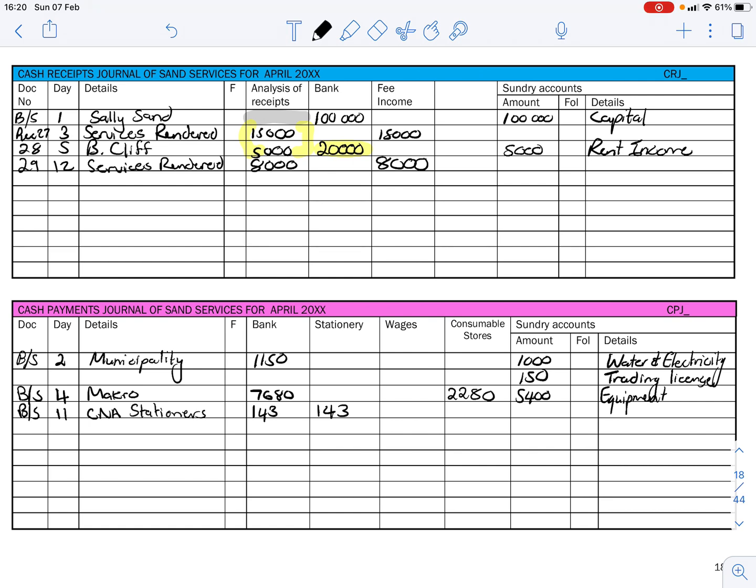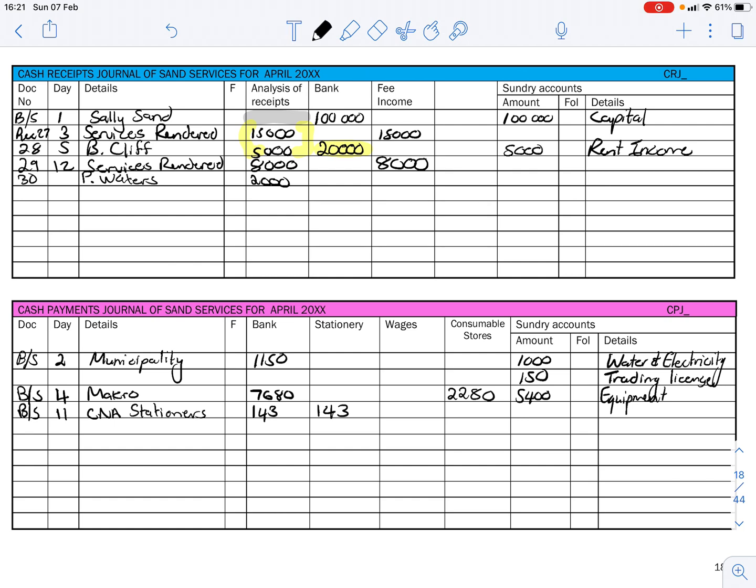We don't bank it because, again, there's another transaction on the same day. So we use receipt number 30 on the 12th from P. Waters. Okay, P. Waters is paying us 2,000 Rand.